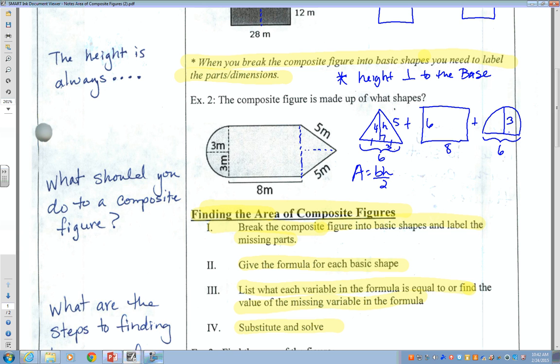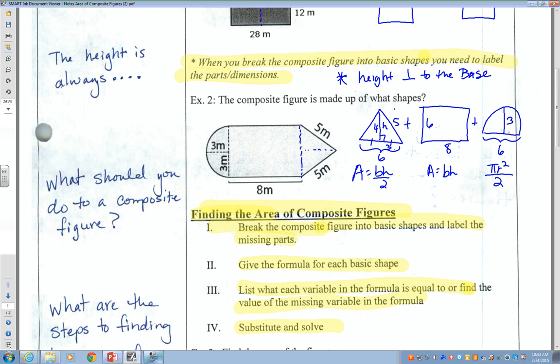So like the triangle, I would do base times height divided by 2. For the rectangle, base times height. And then for the circle, pi r squared, but then divided by 2 because it's half of the circle. Okay? Pi r squared, but we would do half because it's half of a circle.